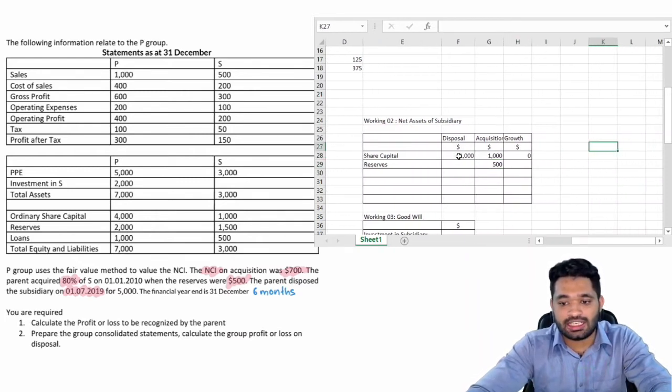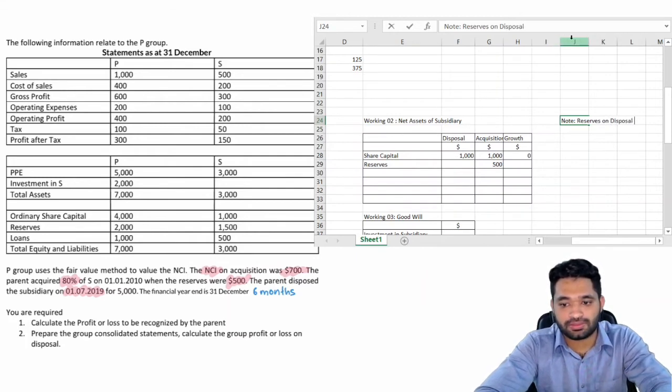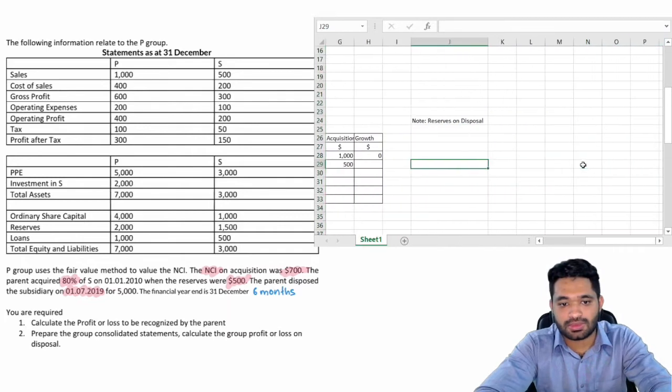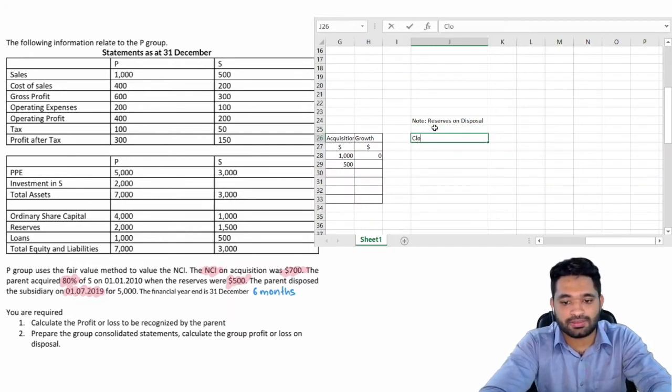So I'll add in an additional note, which is your reserves on disposal. So your closing retained earnings is going to be 1500.